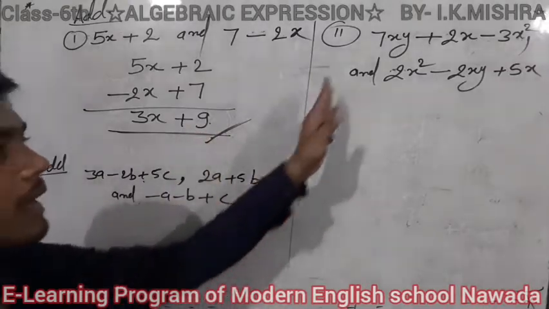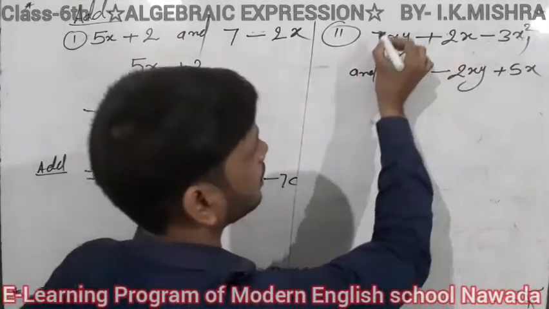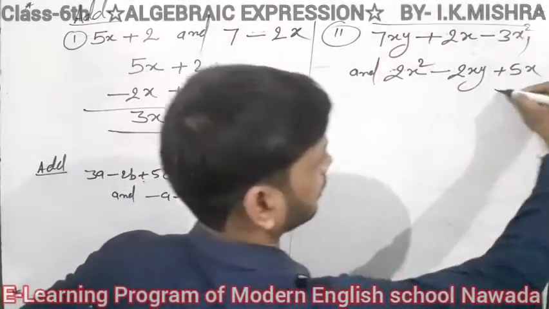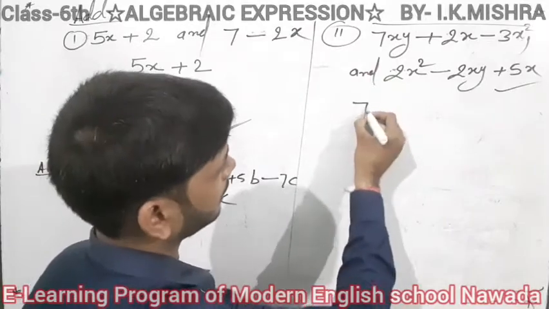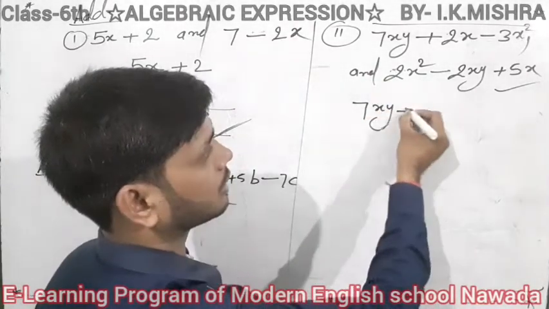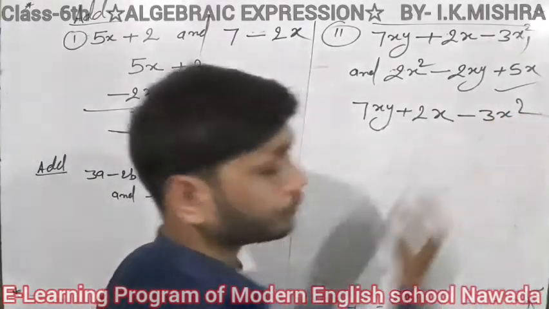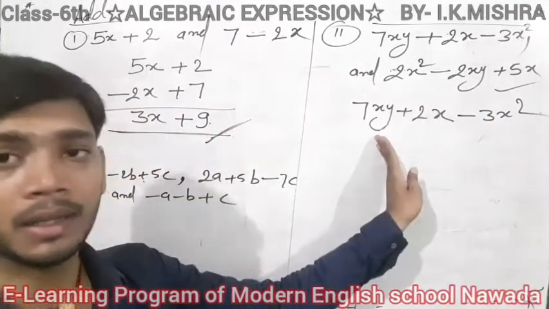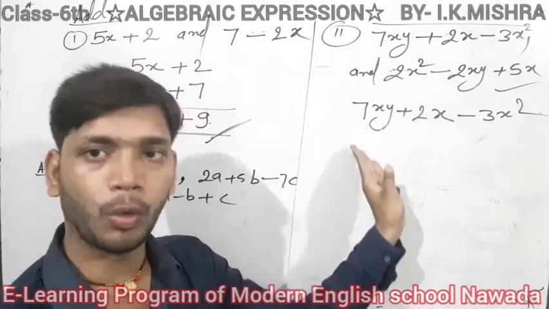Similarly students, here two expressions are written. One expression is this and another expression is this. So students, here observe, first of all write 7xy plus 2x minus 3x square. And students, after that write the like term below one term.